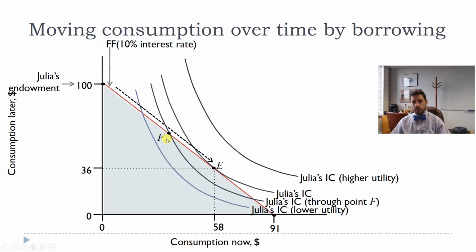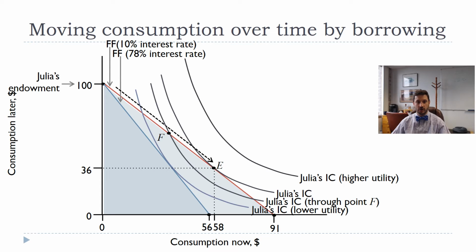We know that she wouldn't want to consume up here at point F, right, because she could do better. The slope of her indifference curve, the marginal rate of substitution, is much steeper than the slope of the marginal rate of transformation. Now, unfortunately, if she's facing a much higher interest rate, then her feasible frontier shrinks.